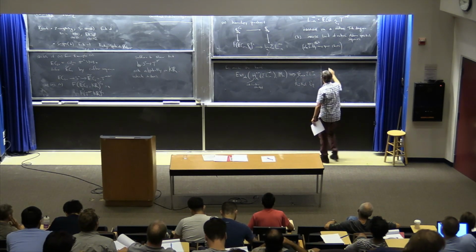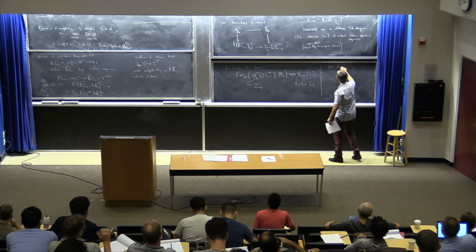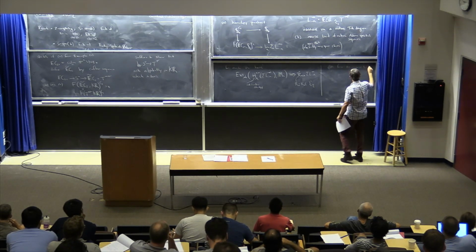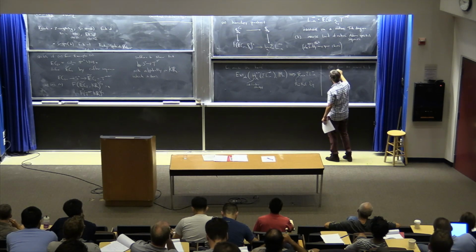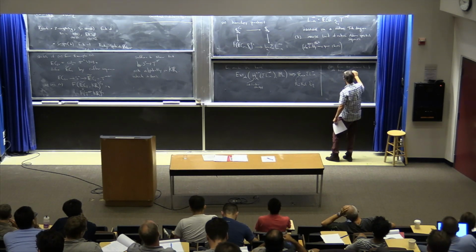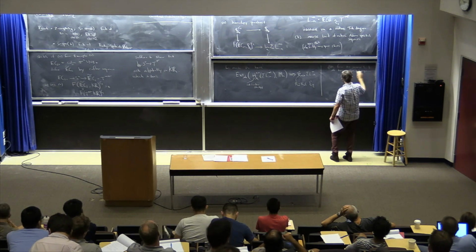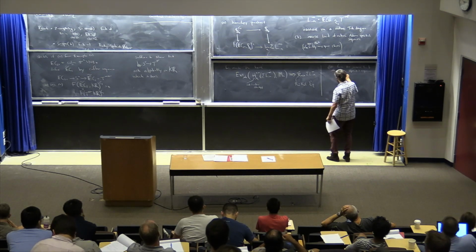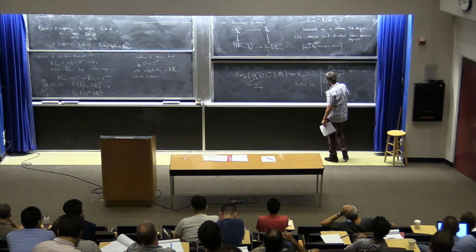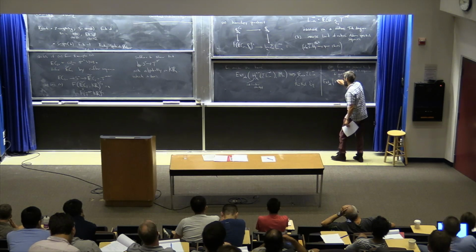And so you can form the inverse limit of these spectral sequences to get a spectral sequence that looks like this. So this is Ext over the motivic Steenrod algebra.